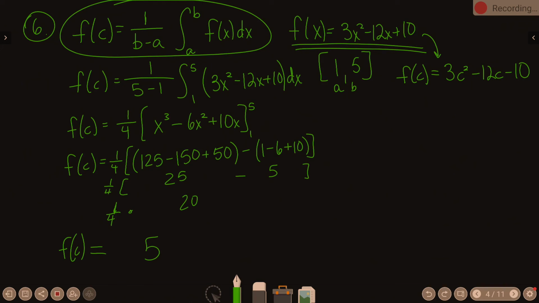Well, we have two f of c's, right? f of c is that. f of c is that. So if f of c is equal to both of those items, then they're equal to each other. So 3c squared minus 12c plus 10 is equal to 5.